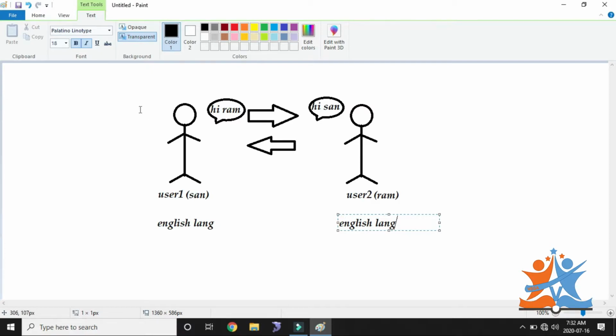So this is a scenario 1 example. I will go with a scenario 2 example now.